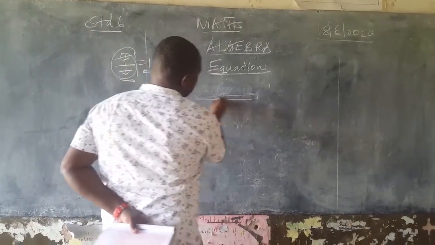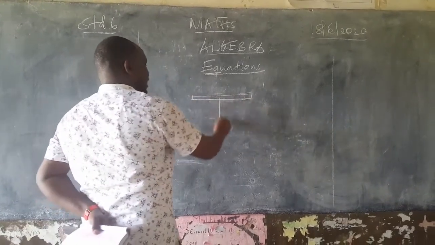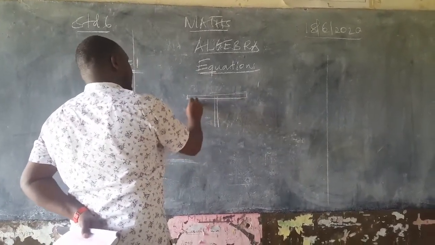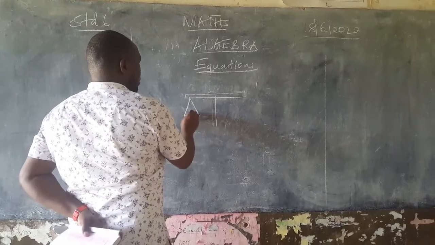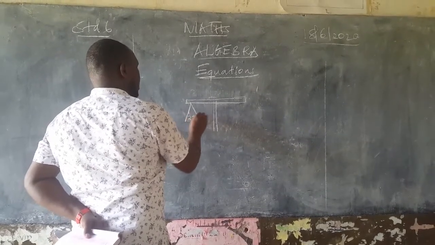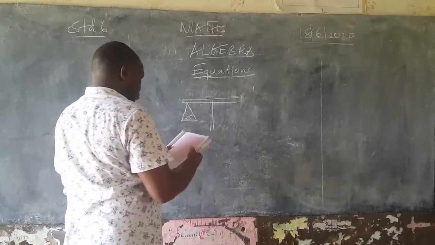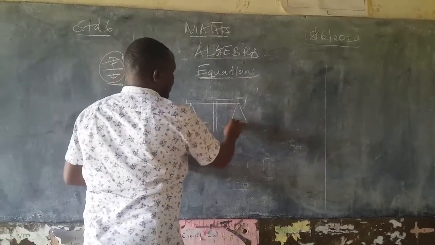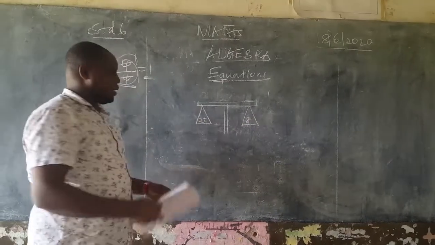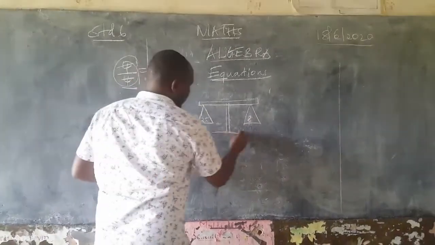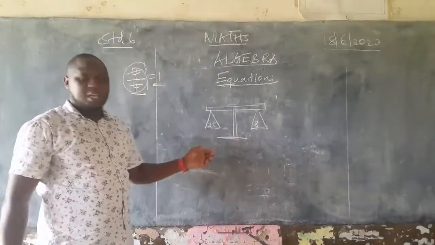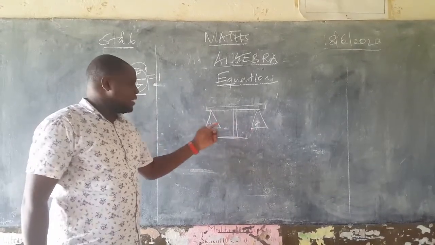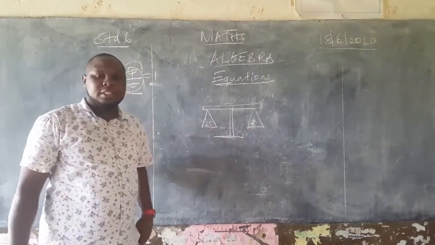If you have a beam balance, just like that, and here you have 2t, then 2t, and then this is 8. Meaning that if they are really balanced, then this side is equal to the other side.